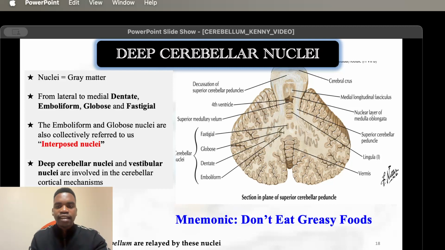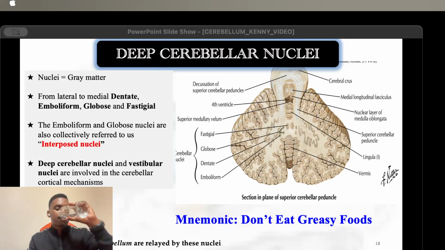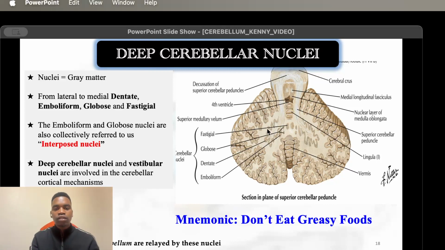So now let's discuss the deep nuclei of the cerebellum. Just as we saw the deep nuclei of the cerebrum, which we call the basal ganglia, we have deep nuclei within the cerebellum.